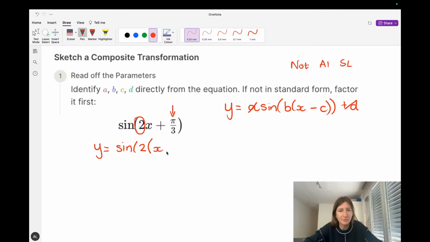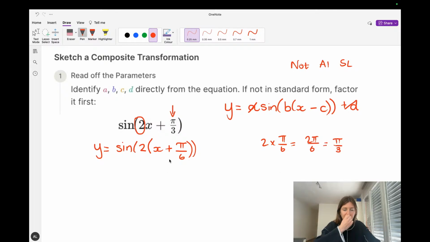Plus, now 2 times something to give me pi over 3, because I can't just write pi over 3, as I'm going to get 2 times pi over 3. So instead, I'm going to write pi over 6. When I multiply 2 times pi over 6, that will bring me back to pi over 3. So we've just got to factor out, just like how you factor out usually.